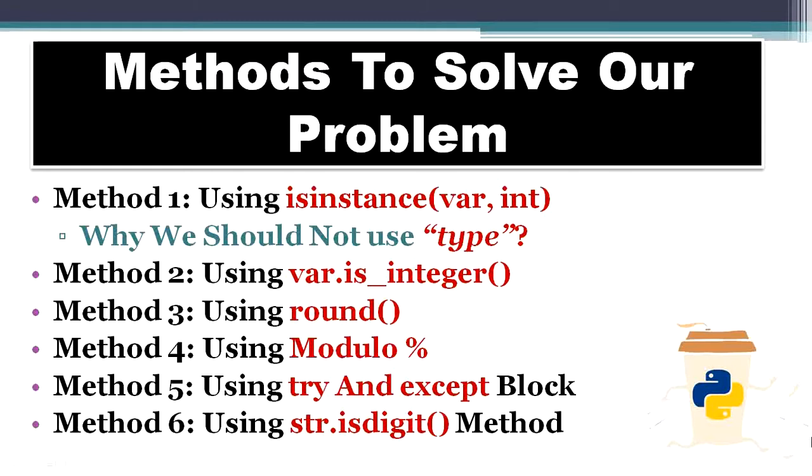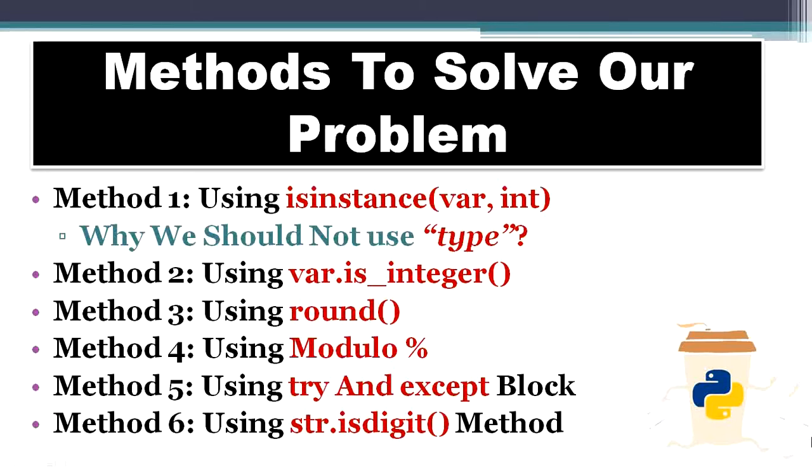Then we discuss the round method to check if the variable is an integer. Then we will discuss how to check the variable is an integer using a modulo operator. We then move on to a very funny way of checking this, try and except block. And then finally we will discuss the isdigit method. So without further delay, let us dive into the solutions one by one.